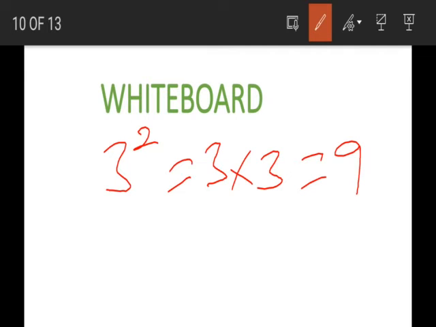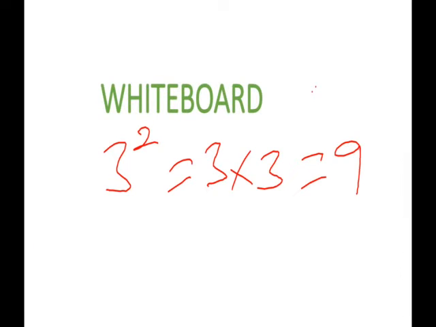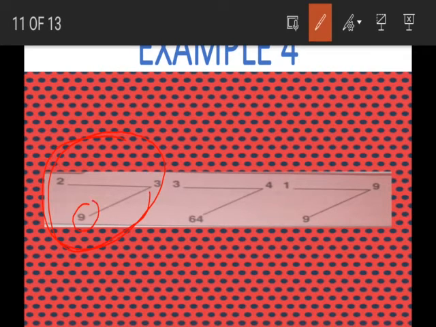So therefore, assuming this 9 was not given, you just say 3 raised to the power 2, which is 3 times 3 is 9. So that's what you do, assuming 9 was not given.